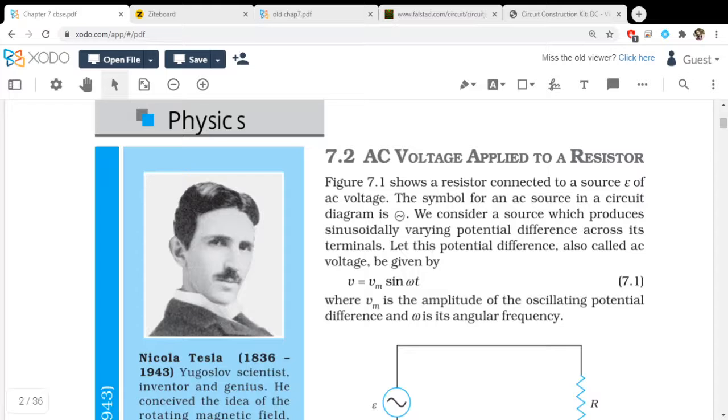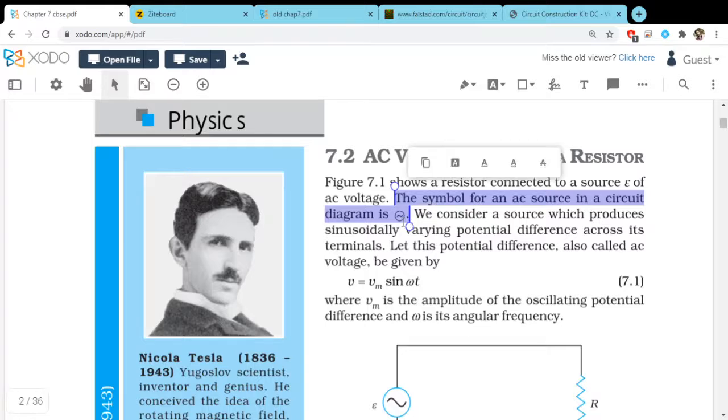So our first part is 7.2, the AC voltage applied to a resistor. Here in this theory, one thing we should make clear is the symbol for an AC source in the circuit.